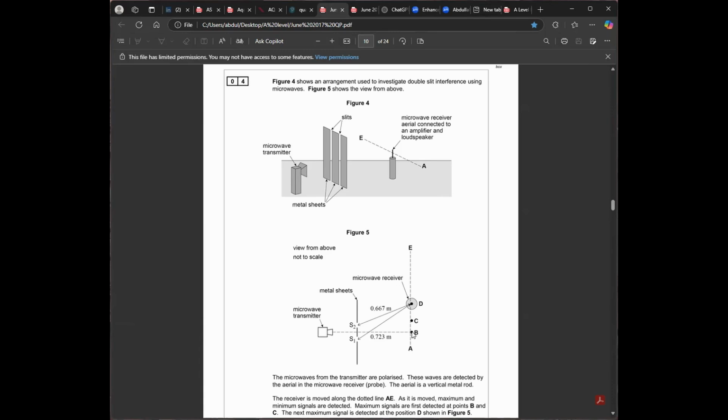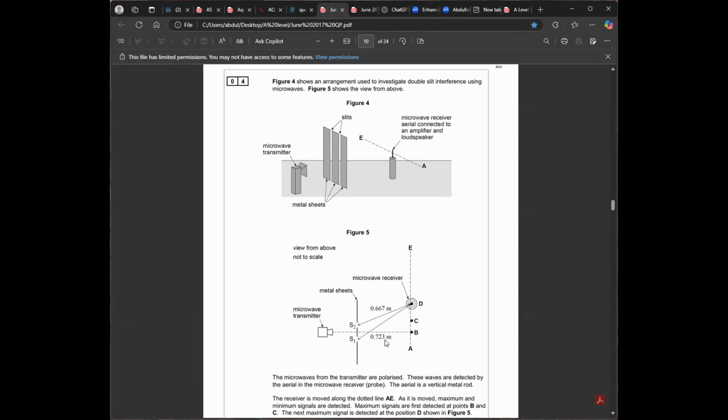The path difference at B is zero, because at B both of them cover the same distance. At point C, for first order, the path difference is equal to just one wavelength, one lambda. For D, it's second order. So the path difference between the two must be equal to 2 lambda.